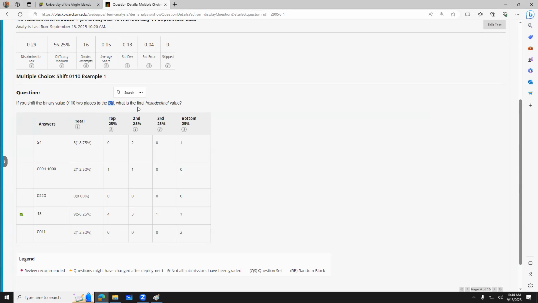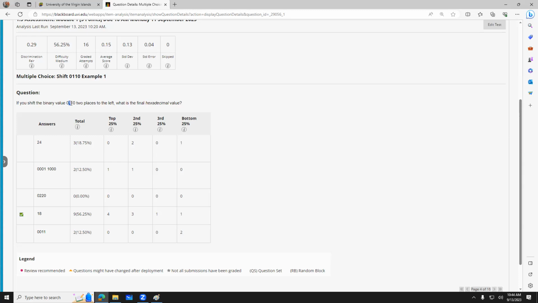Actually, am I asking for the decimal equivalent or the hexadecimal? That's what throws most people. I start thinking in decimal terms, right? So if I slide this 2 places, what I have is a 0, 0, 0, 1, and then a 1, 0, 0, 0. I have 2 1s close together.